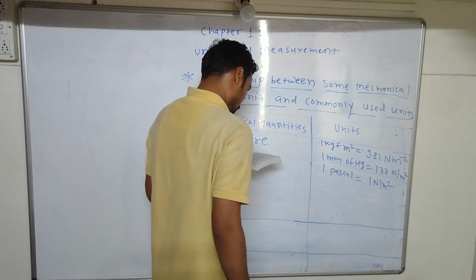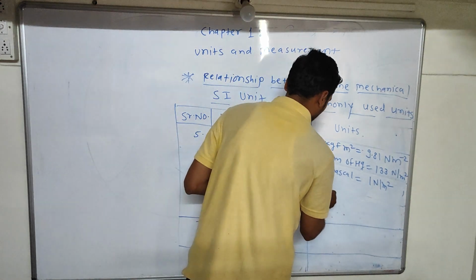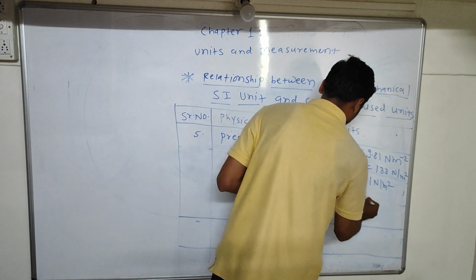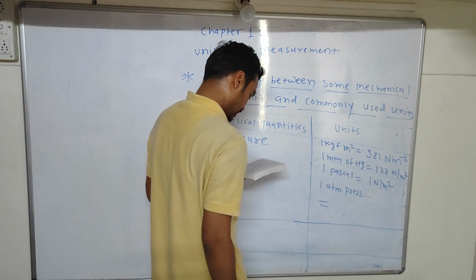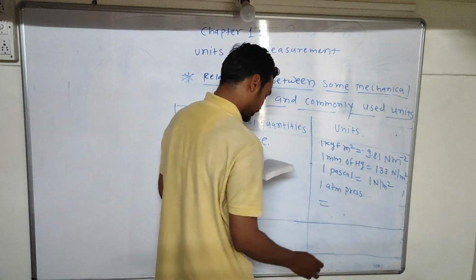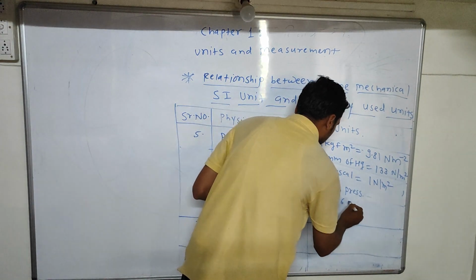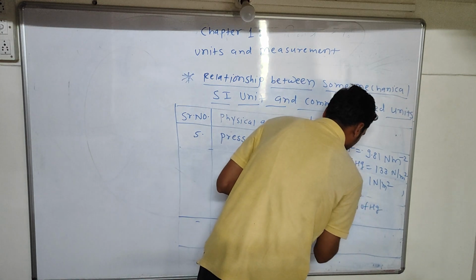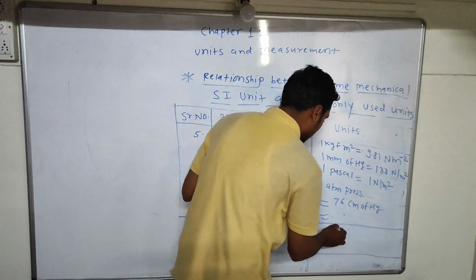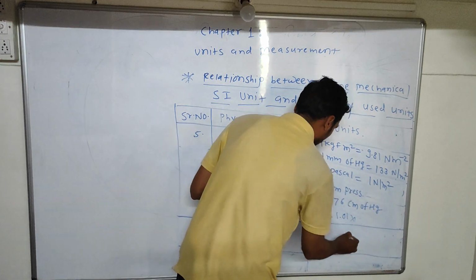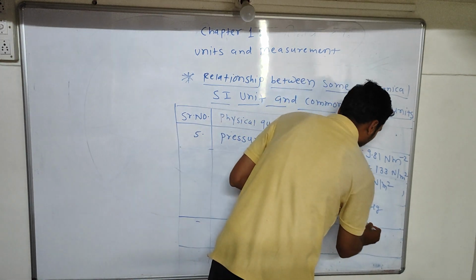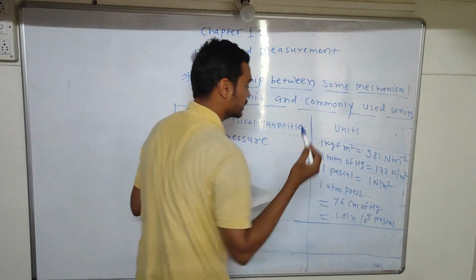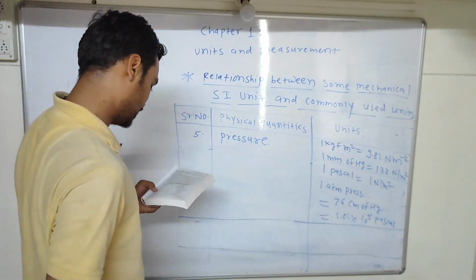Then 1 atmosphere pressure is equal to 76 centimeter of mercury, and also is equal to 1.01 into 10 raised to 5 Pascal. Read it carefully, focus on that only.